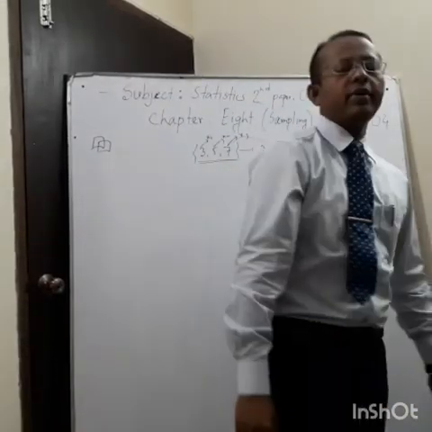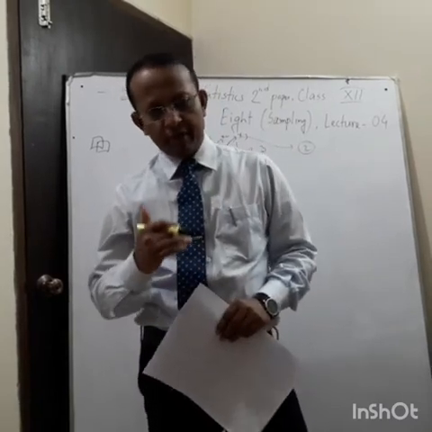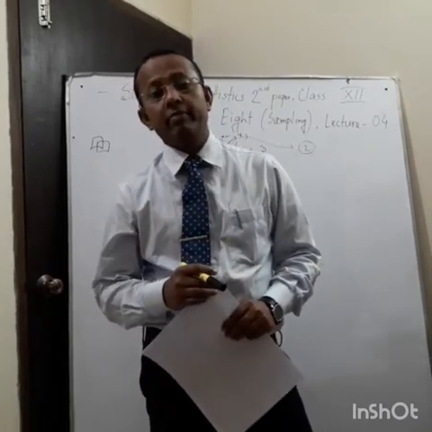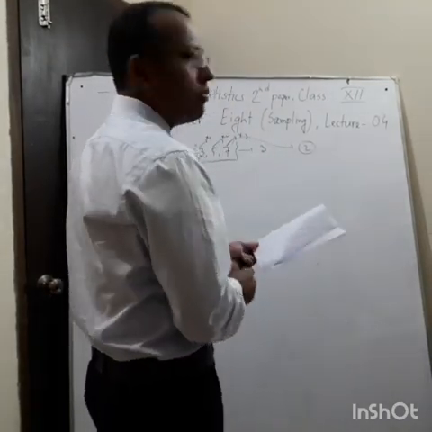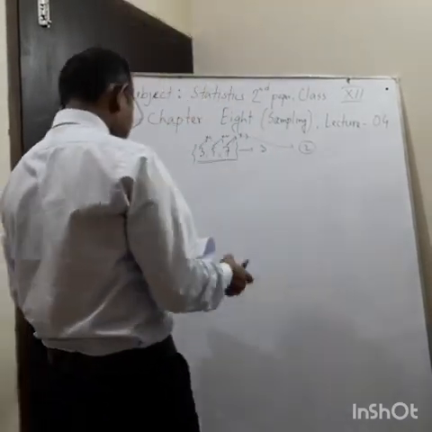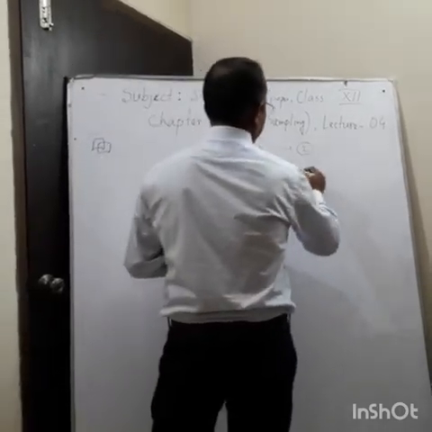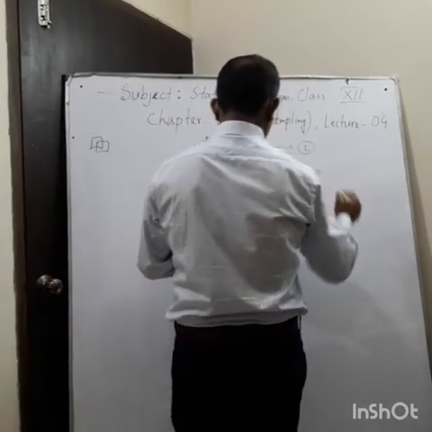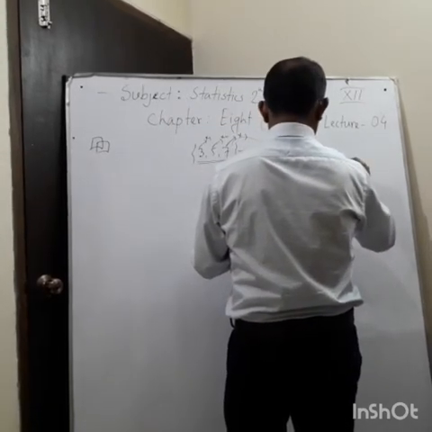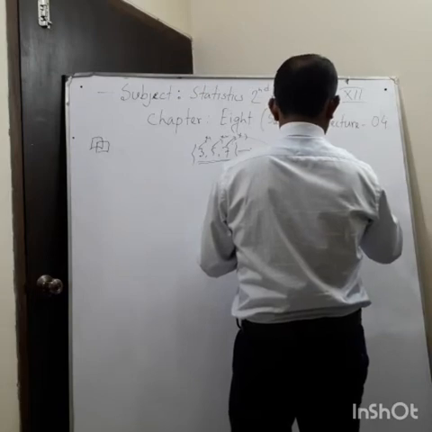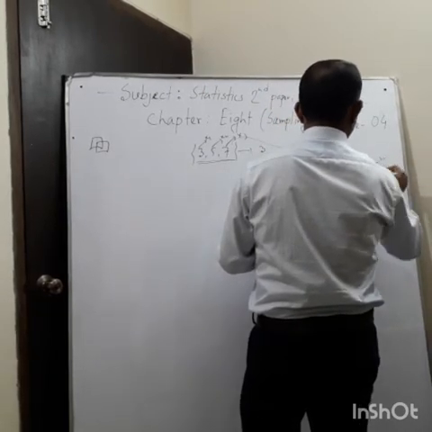Now find the variance of sample mean without replacement. Without replacement, that is, variance of x bar equal to (capital N minus small n) divided by (capital N minus 1) into sigma square divided by n.